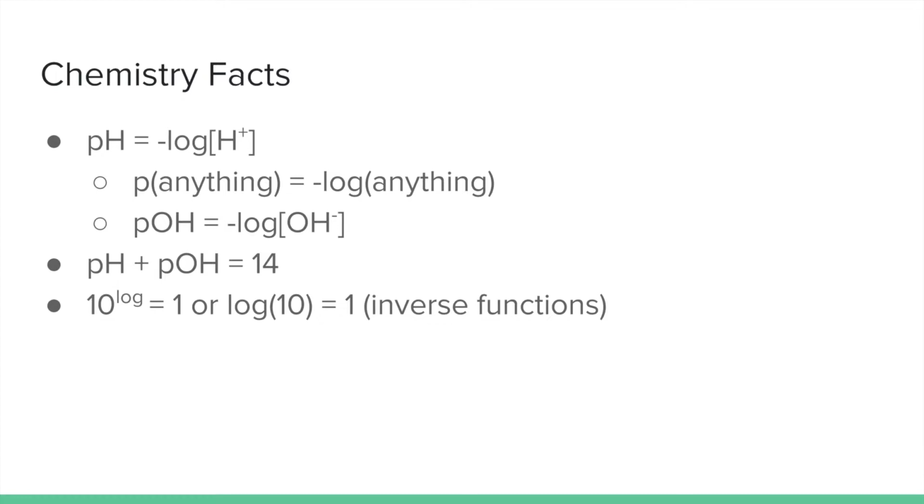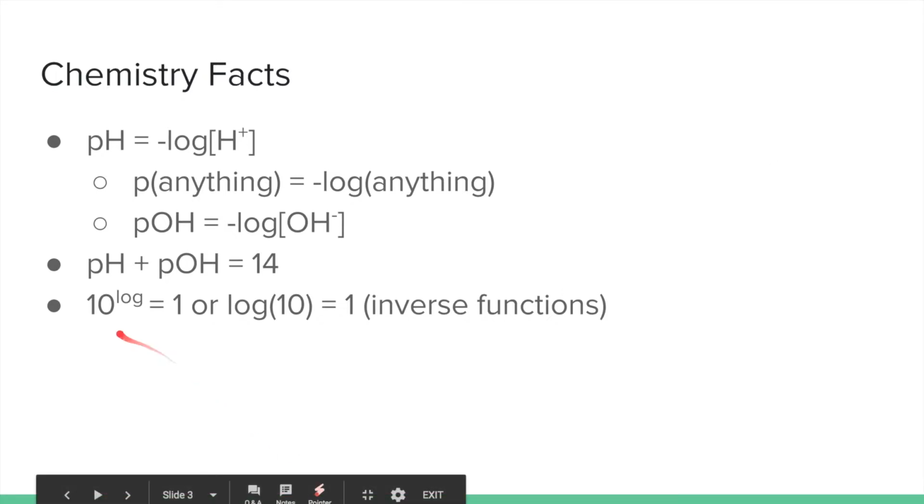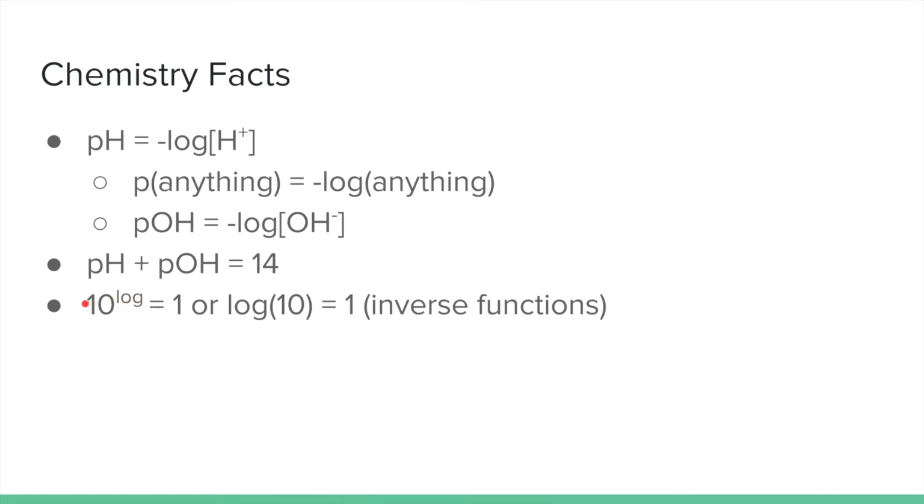Additionally, we have inverse log, and we know that 10 to the log, base 10, cancels out and equals 1, because these right here are inverses of each other. Log is log base 10, and then 10 cancels out with that, making just 1. Additionally, log of 10 is equal to 1 for the same reason.